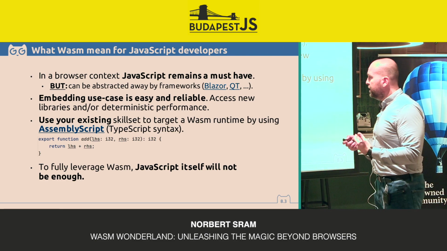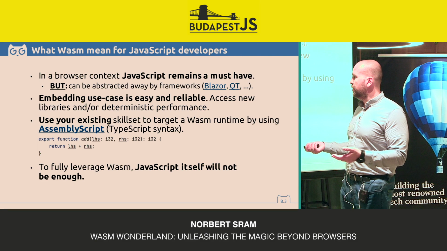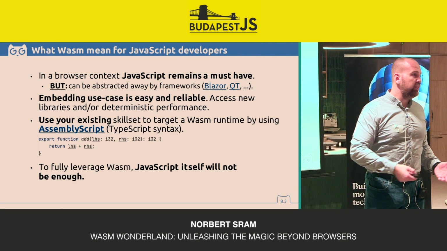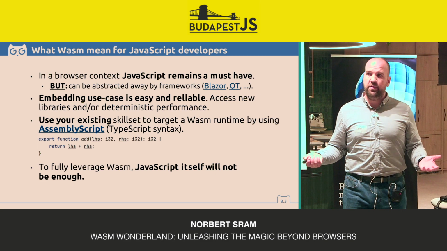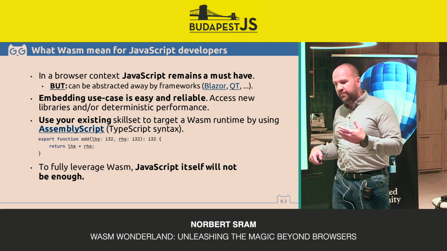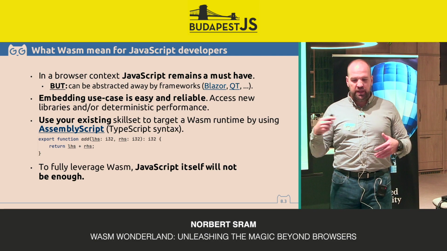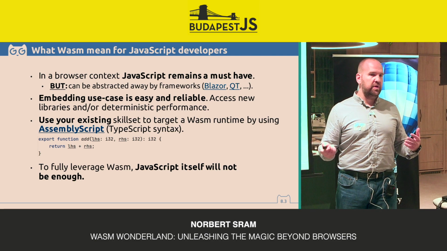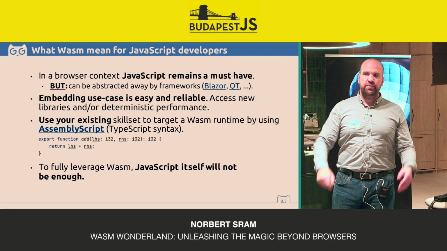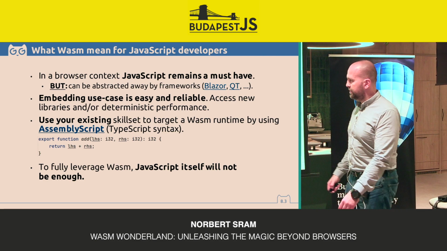Anyways, it opens up additional possibilities for you. Like the embedding use case that I mentioned gives you additional libraries and options as a JavaScript developer that you can very easily integrate. Usually you don't even have to set up a build chain or anything. If you quickly want to try it out, you can just fetch a release from GitHub, load it up in your application, and it's working. That's all there is to it.